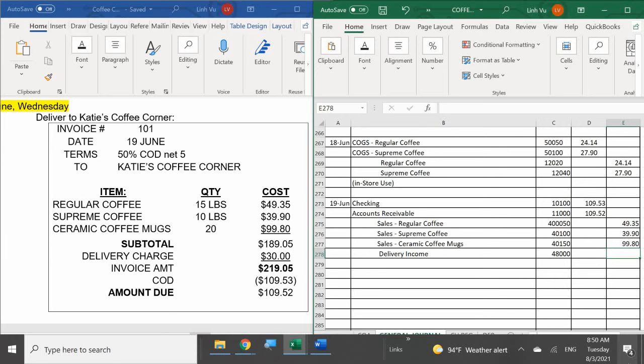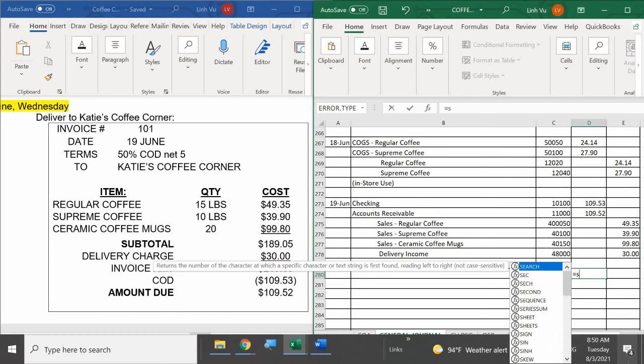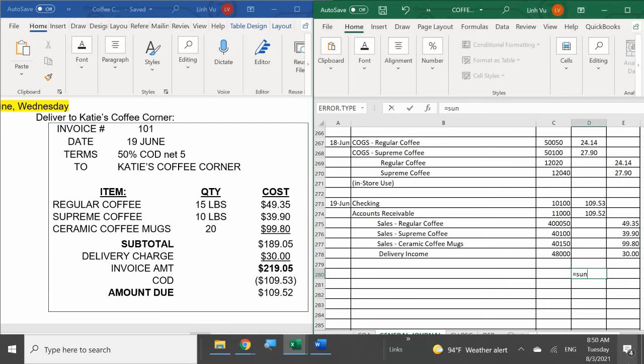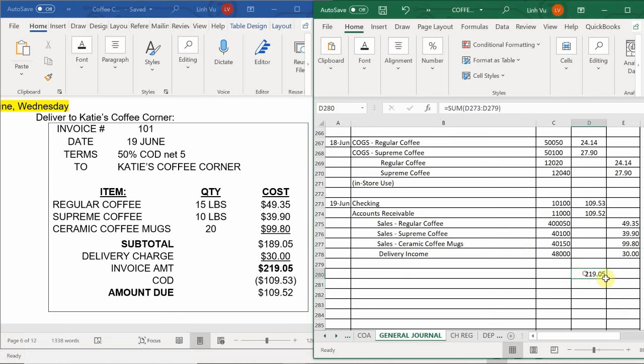And then how much for the delivery income? $30. Rule of thumb here, double check to see if your amounts match on both sides. So I got 219.05 on the left and 219.05 on the right.